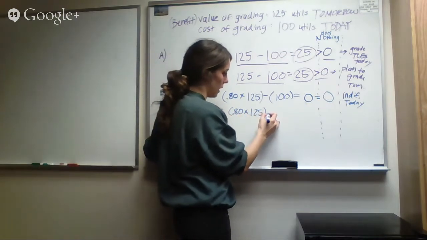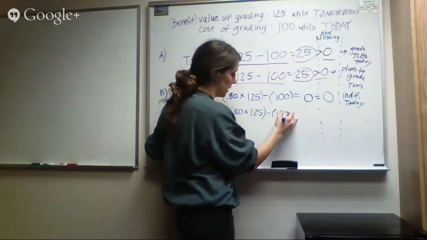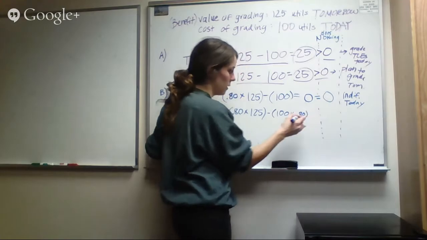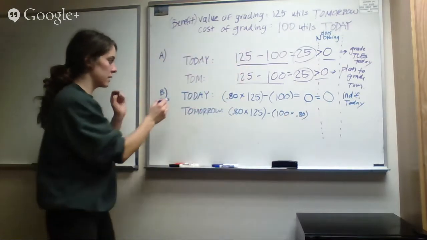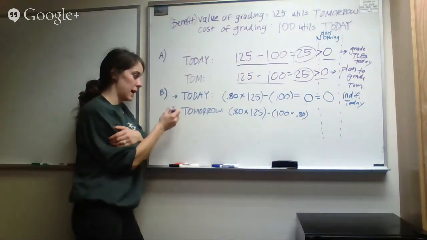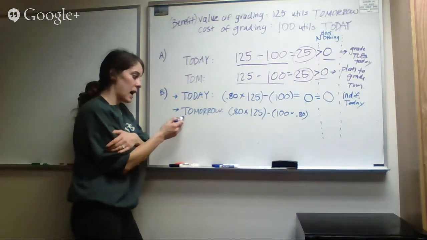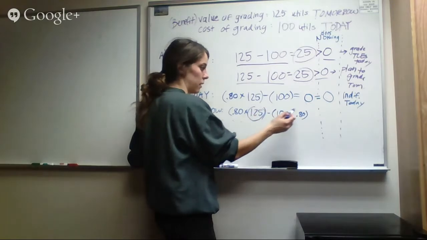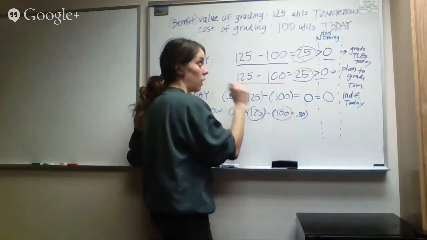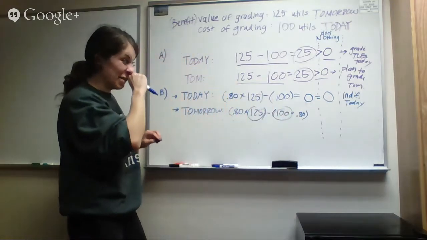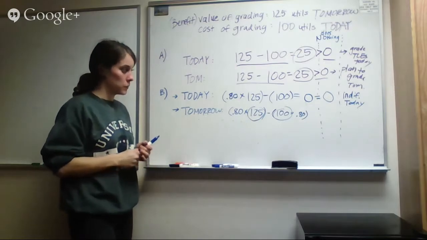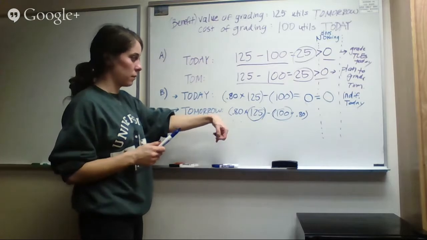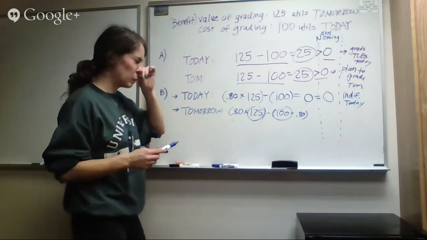So we're also going to multiply this 100 over here times that 80%. Because if Dr. Turley's living in this world where this is today and this is tomorrow, then everything happening down here, all the costs and benefits, so here are the benefits and here are the costs, are going to be looked at differently, discounting all those things at 80%, by 20%.